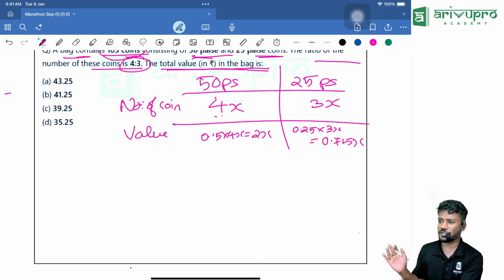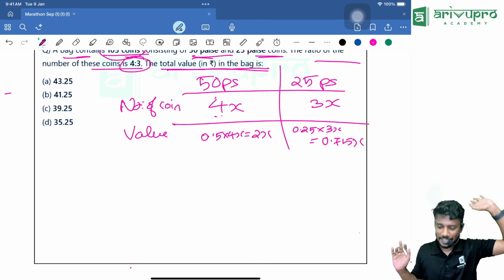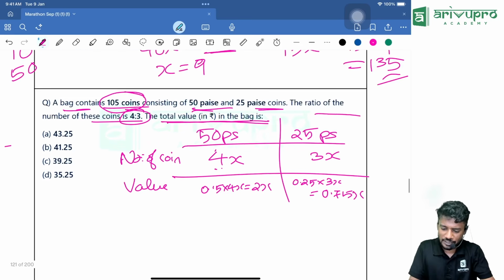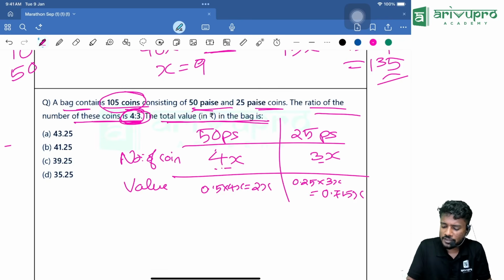If they are giving the ratio of the values, they will ask you to find the number of coins. In both cases we write whatever ratio is given. For example, here the ratio of the number of coins is 4:3. That means 4x and 3x is the number of coins of 50 paise and 25 paise.